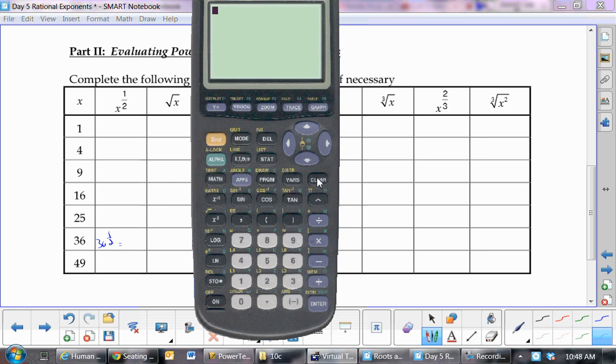And you can just go 36. You should always do this in brackets if you can. To the exponent, bracket, 1/2. So whenever you have a rational or fractional exponent, put it in brackets, and you get the answer, 6.